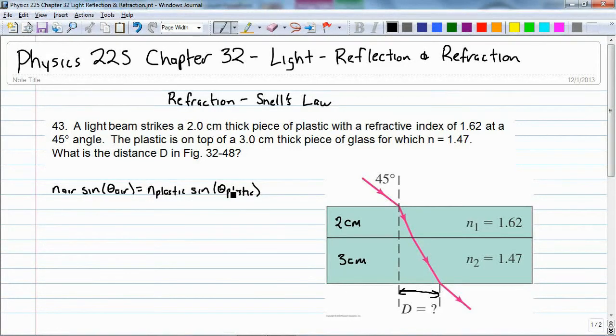And what we want to find is theta plastic, so theta plastic is equal to the arc sine of n air sine of theta air over n plastic.